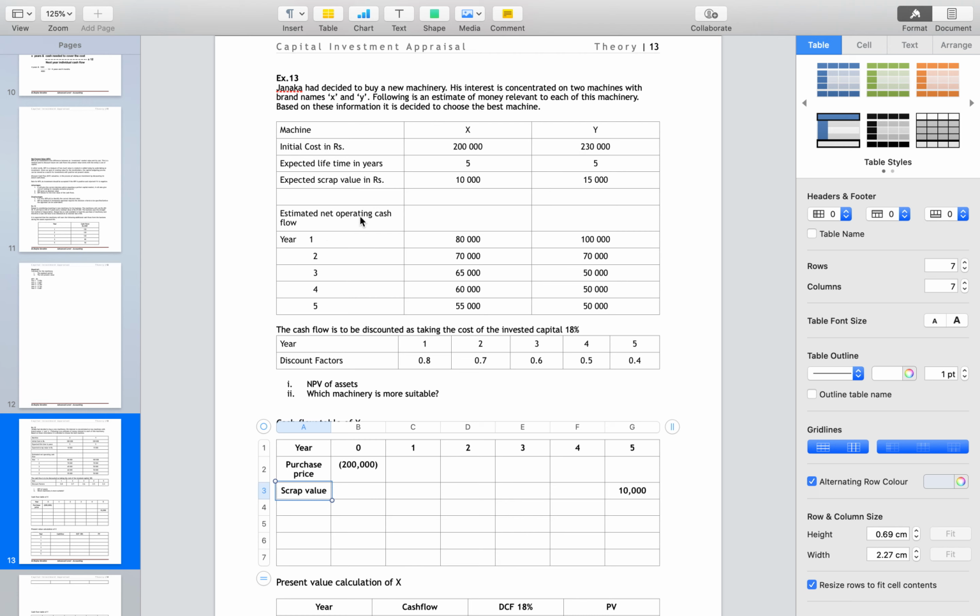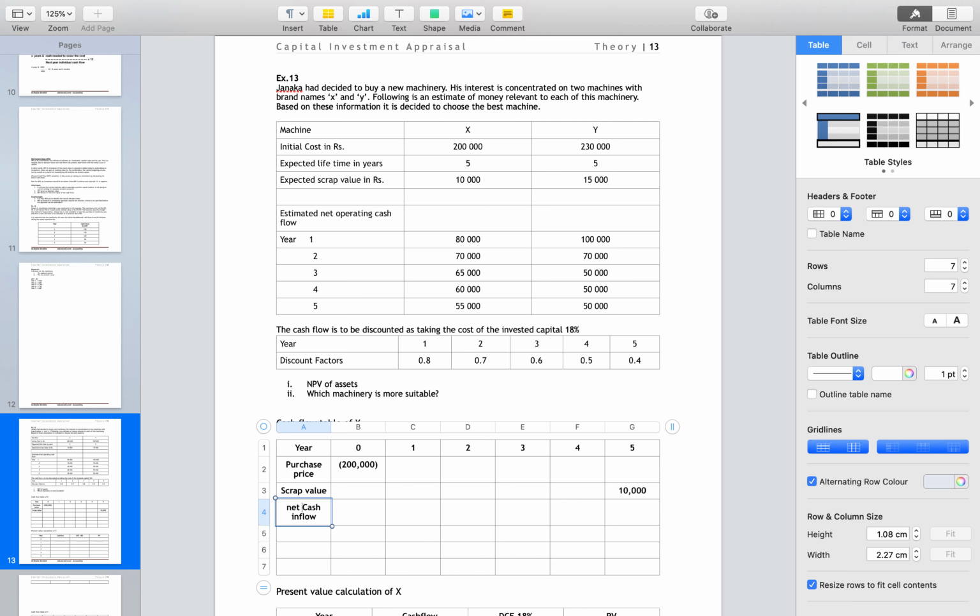Expected net operating cash flow. Now remember, they have given all as positive, so meaning all are cash inflows. So I'll mark over here cash inflow, add the word net to it. Now remember, it starts from 1. So during the first year I earn 80,000. During my next year I earn 70,000.